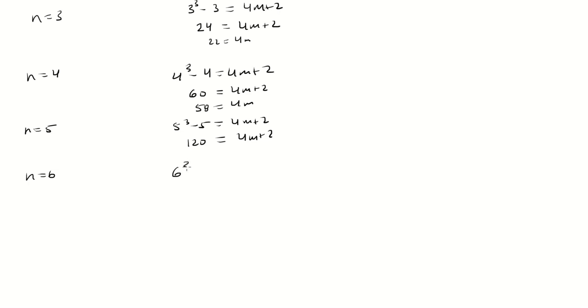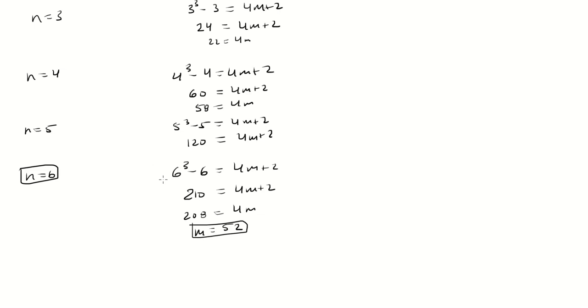So that's 6 cubed minus 6 equals 4m plus 2. This will be 210 equals 4m plus 2. That gives us 208 equals 4m. And so dividing both sides by 4, we get m equals 52. So now m equals 52, n equals 6 seems to work.